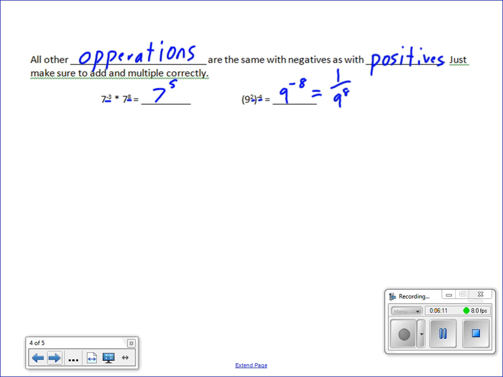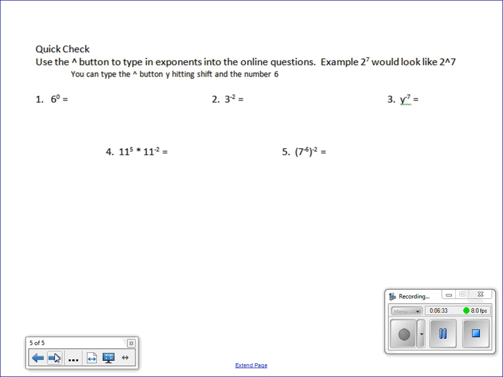I don't want to leave it with that negative exponent. We want to make them positive, because I can't multiply negative 9 times together. I can multiply 9 out 8 times together, but I can't multiply 9 out negative 8 times. So I would have to make it positive so I can do that multiplication.